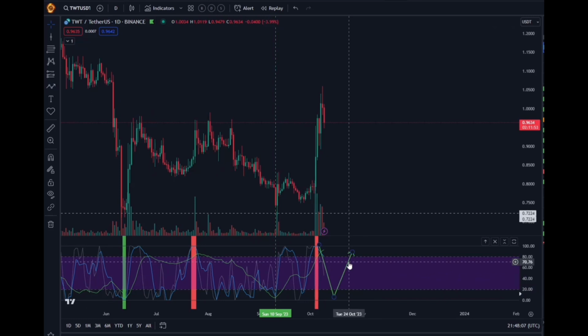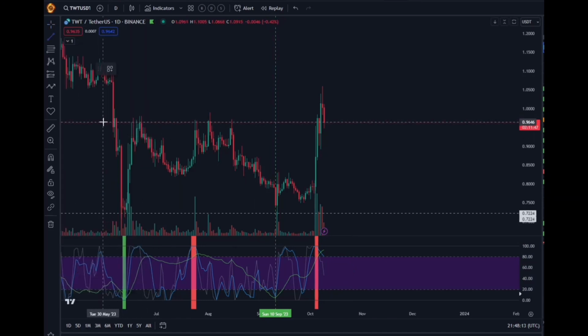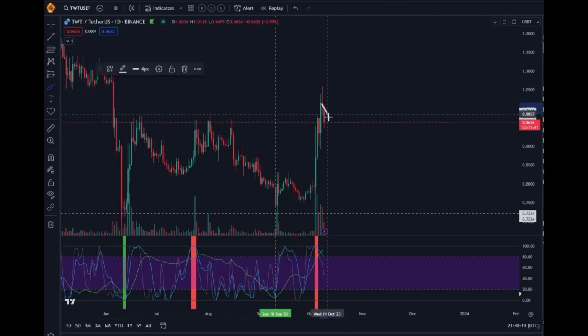If this happens, there are two scenarios for that. The first one is this could happen while you are seeing this only consolidating at this zone, like doing something like that. So probably something like that, and then you get this tap down or fake down, and it's gonna probably afterwards shoot up.